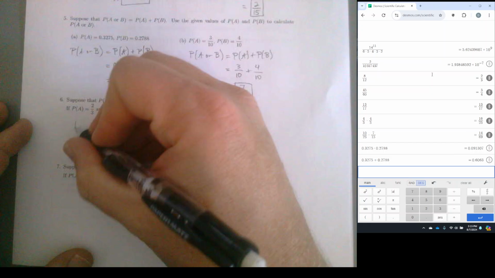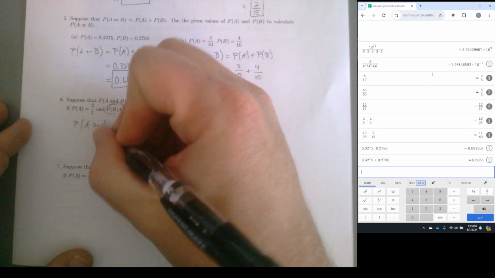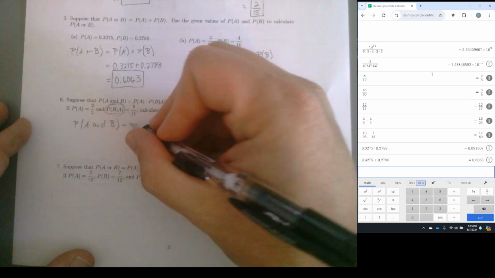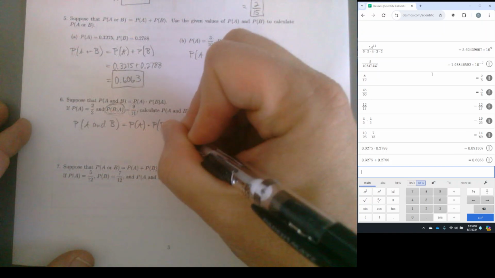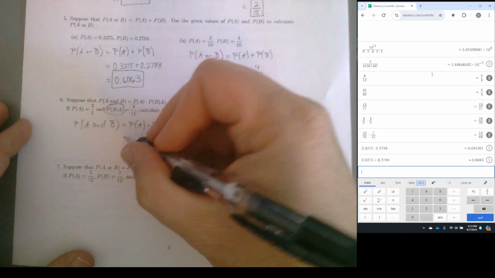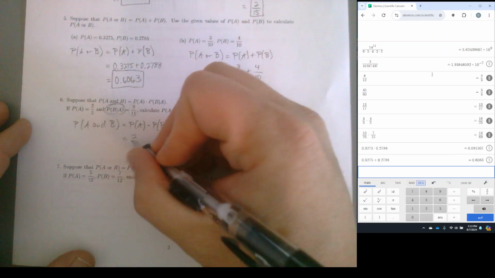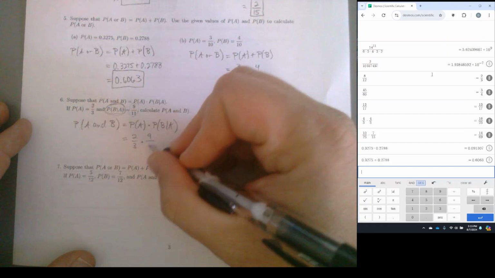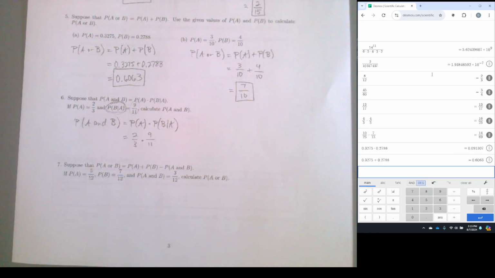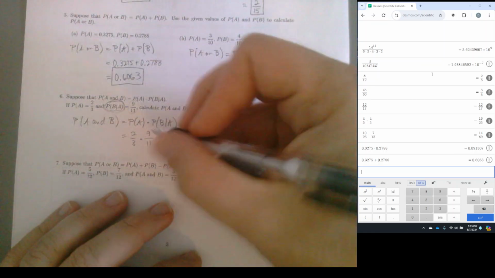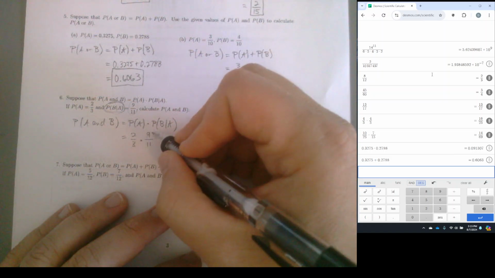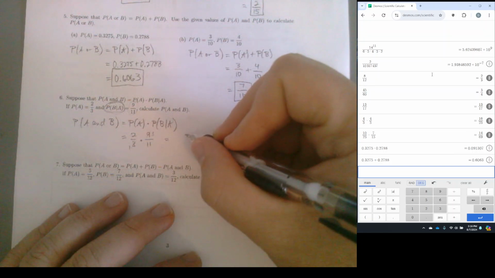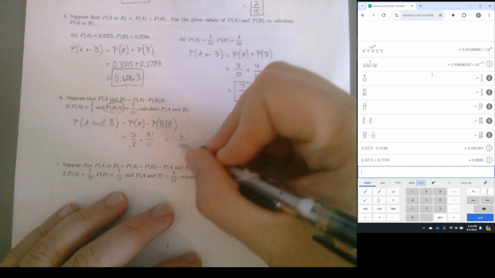Okay, so probability of A and B is probability of A times probability of B given A. We were told that probability of A is 2/3. We were told that probability of B given A was 9/11. And that's it, right? You punch that into your calculator, and you get the answer. This is going to come out to, if I cross cancel, 6/11.